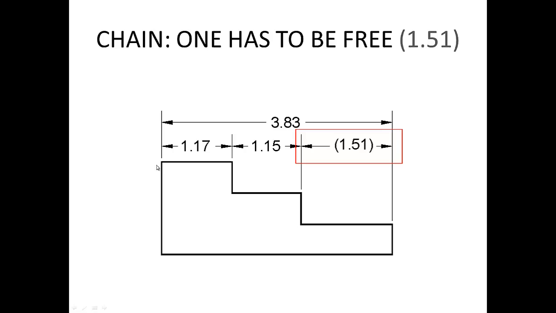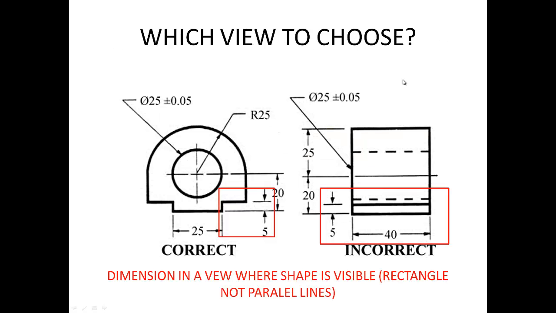So in this way, we have chain 1.117 measured from the left, and then 1.15 in series measured from the one we just have, and then the last one should be free. This would be a better way of dimensioning than having these three in chain and not having the overall one, 3.83.